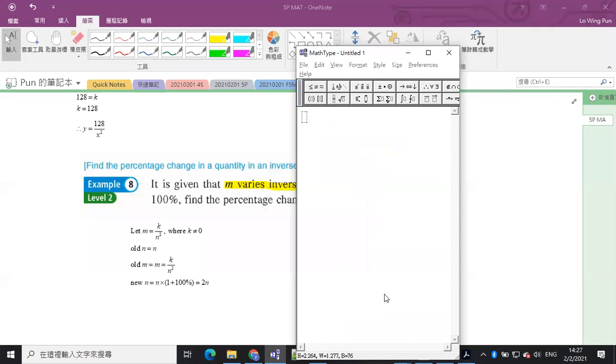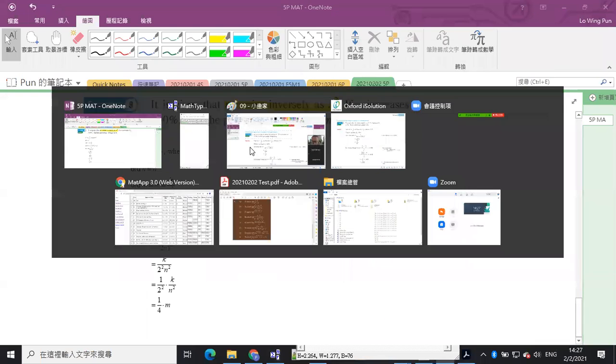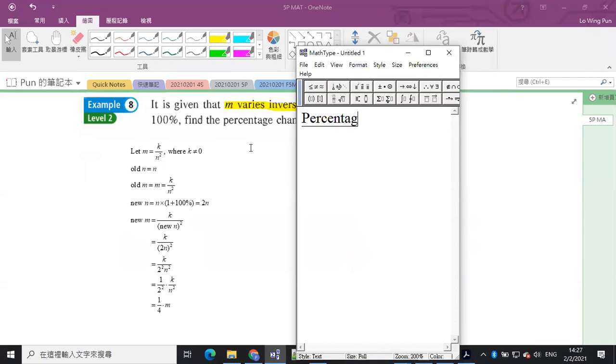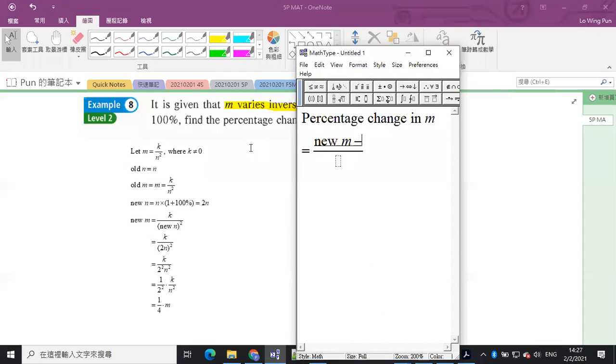do the percentage change now. Percent change in m is equal to new m minus old m divided by old m times 100%. Our new m is equal to 1 over 4 m, minus old m, which is just m, divided by m times 100%.